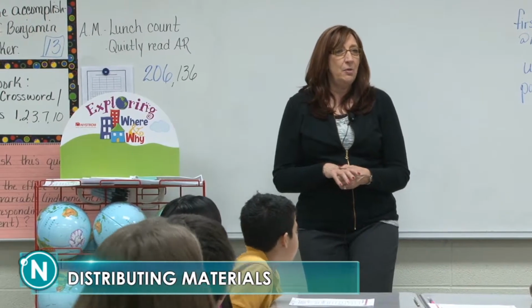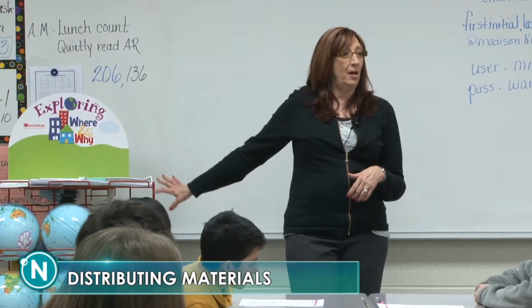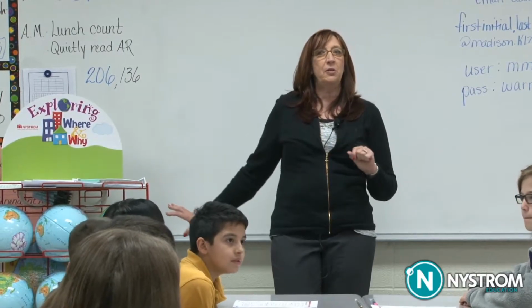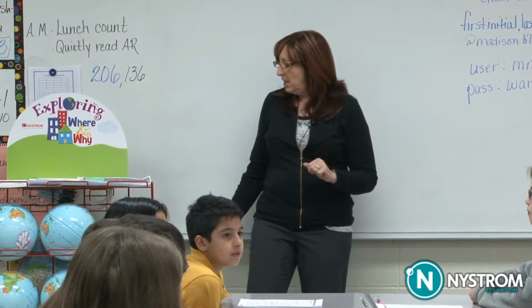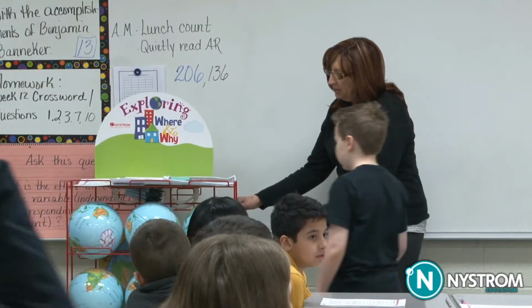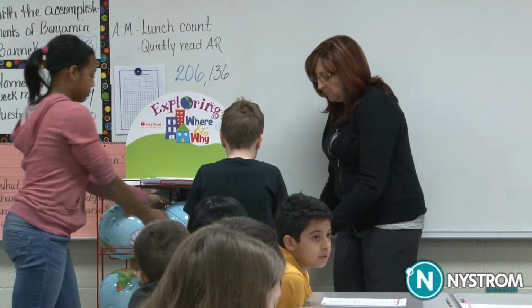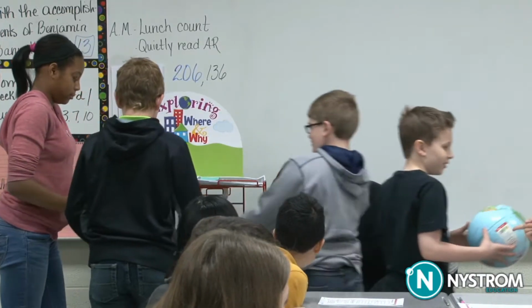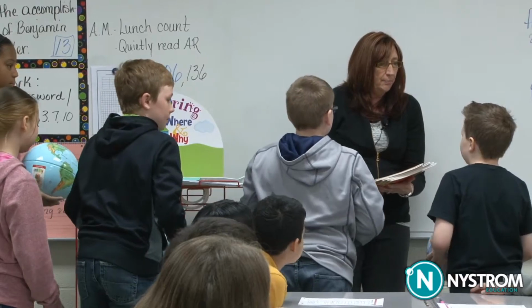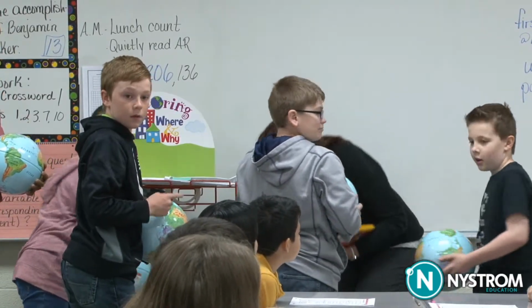All right, so today we're going to use a lot of the resources off of our Exploring Where and Why cart. So I need my number 4s from each group to come up very orderly. Come up and let's get your resources. You're going to take one of the globes. Everybody get one globe. And then you're going to take enough of the atlases here. Oh, that's not all, sweetie. We're going to get some more today. How many people are in your group? 6.